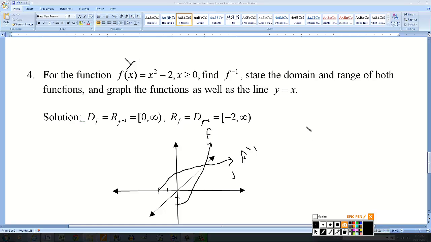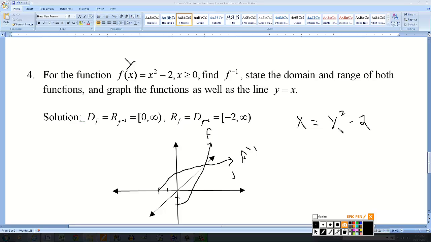So where I have a y, I'm going to put an x, so this will be x over here, and where I have an x, I'm going to put a y. So this will be y squared minus 2. By interchanging the x and the y, that has the effect of reversing the ordered pairs. That's how we get the inverse.